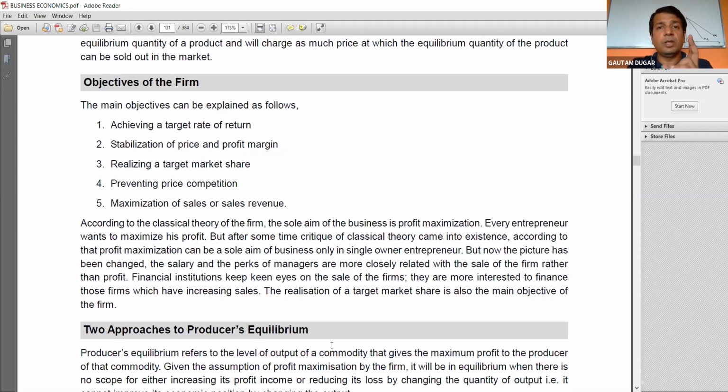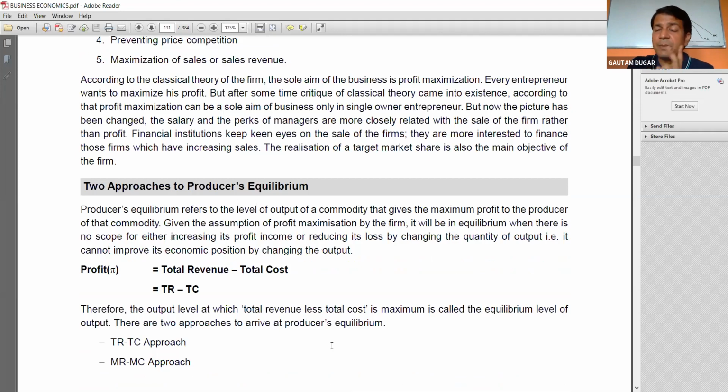Now, this was the MRMC approach. We call that approach the MRMC approach. Another approach for looking at equilibrium is the TRTC approach, the total revenue and total cost approach. That says that equilibrium will be the point where TR minus TC, the vertical distance between TR and TC, is highest, because total revenue minus total cost is profit.